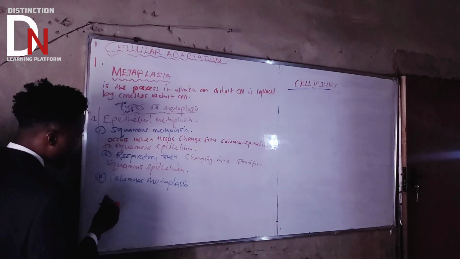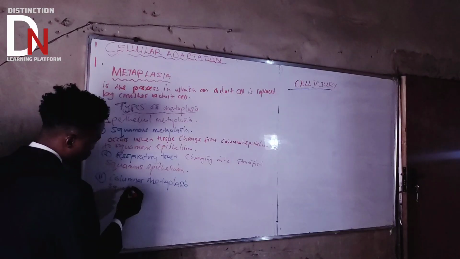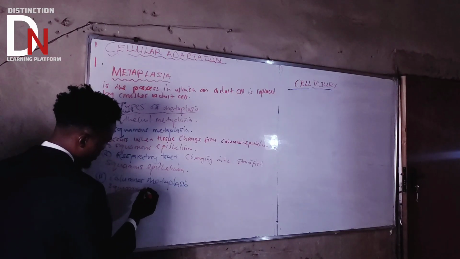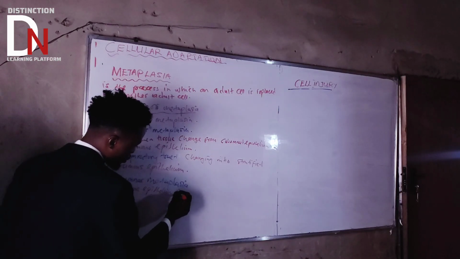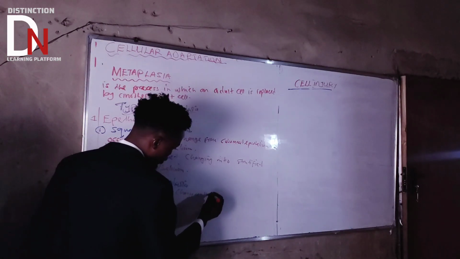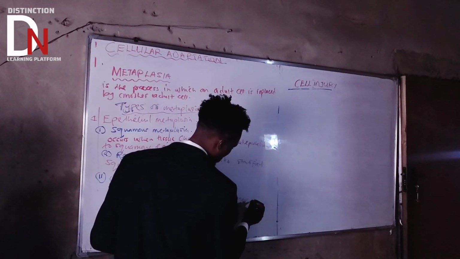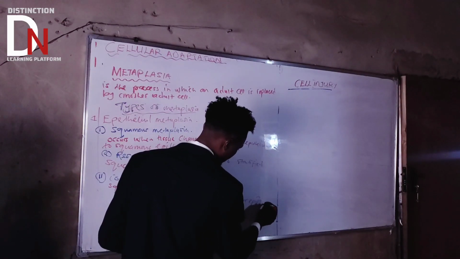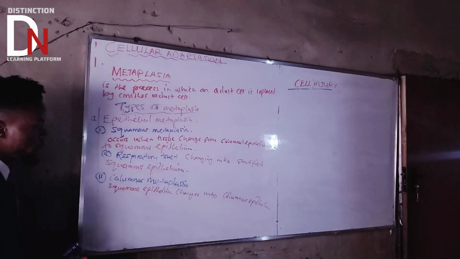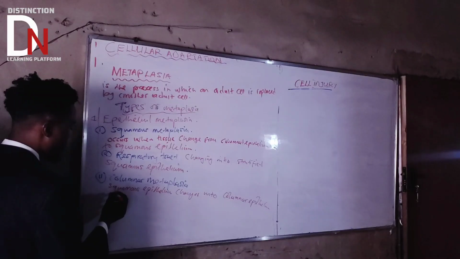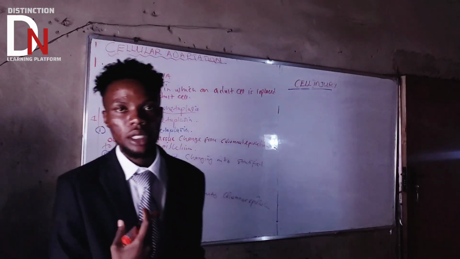So in columnar metaplasia, squamous epithelium changes into columnar epithelium. A good example is the lining of the esophagus.